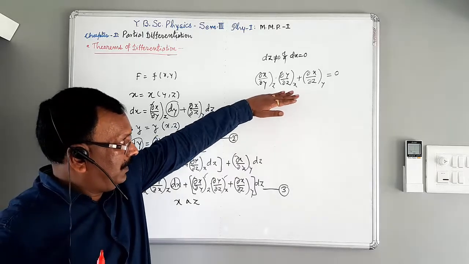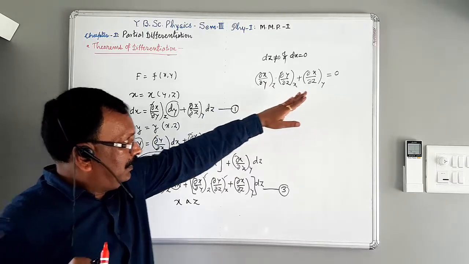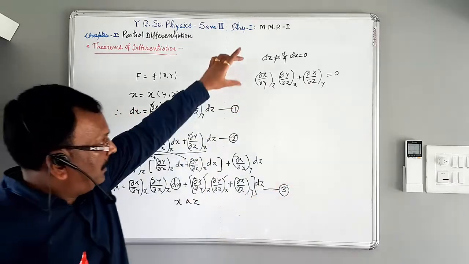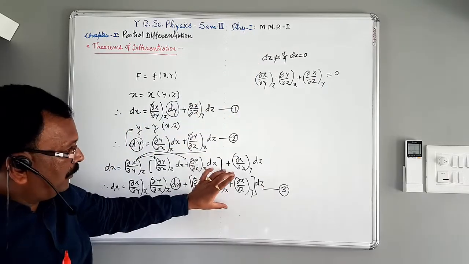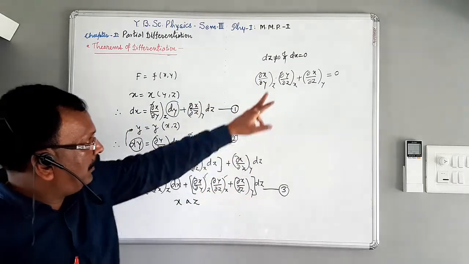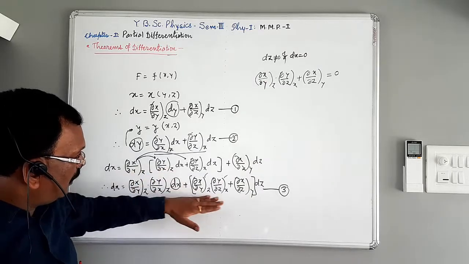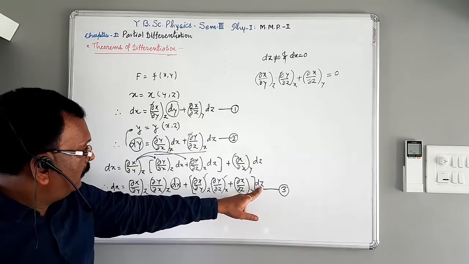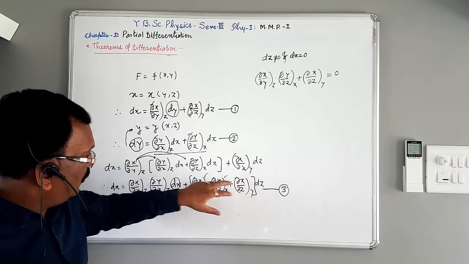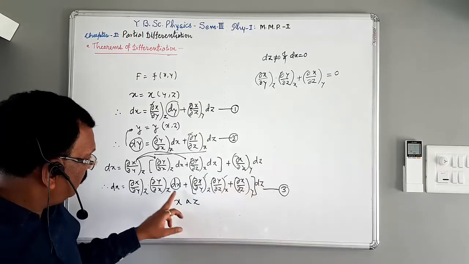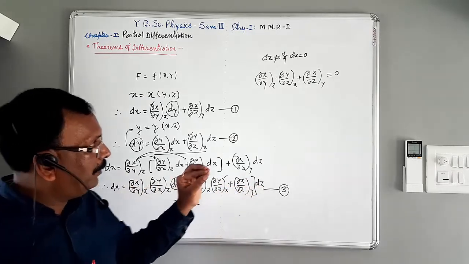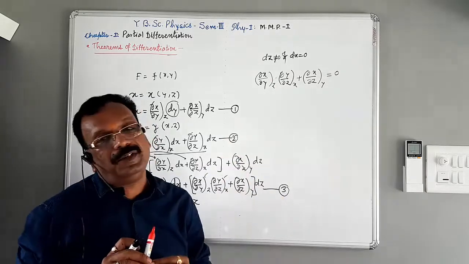Why is this equation equal to 0? Because we apply this condition to equation 3, and in equation 3 when dx is equal to 0, this term is 0, this term is 0, and when dz comes to the left hand side, it becomes 0 and we get this equation.